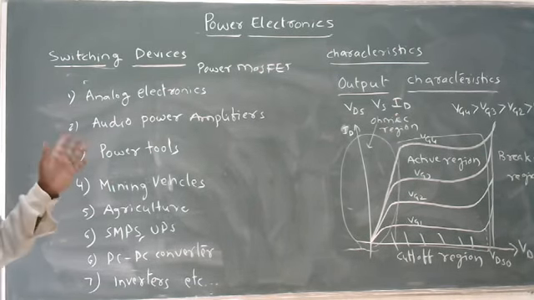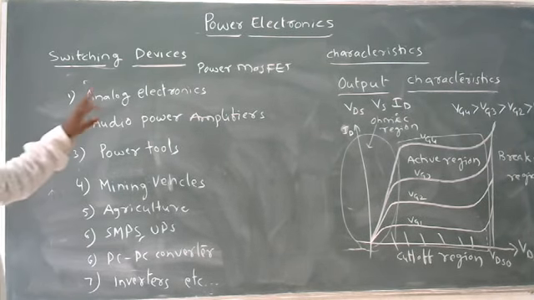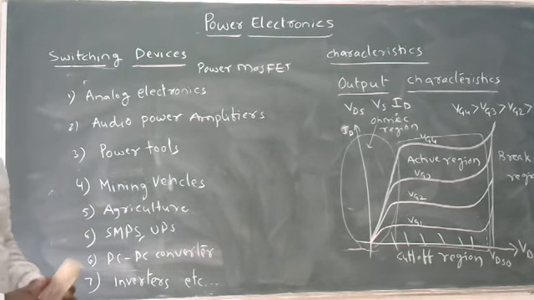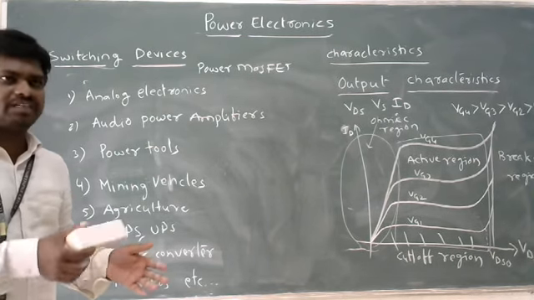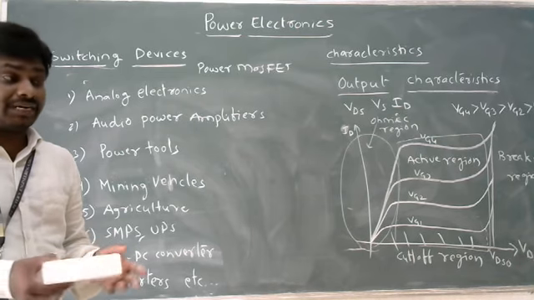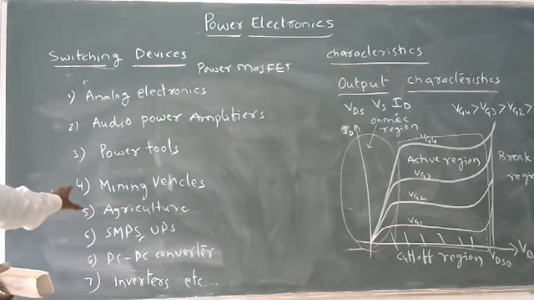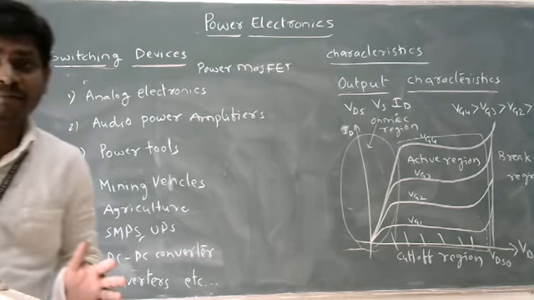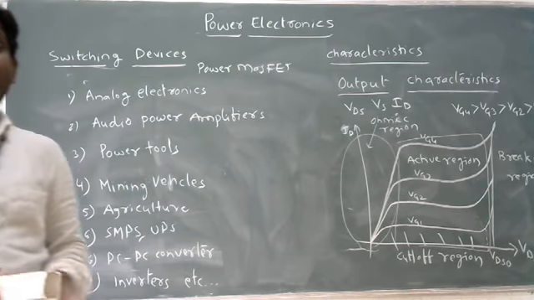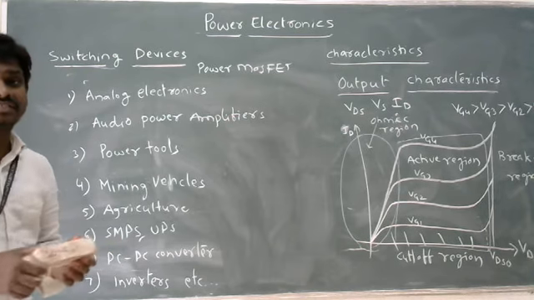Okay, so in this video we discussed the basics of power MOSFET, the symbol, and the structure of power MOSFET. Then its different types, which I also explained. Thereafter we discussed the structure and got some idea about the difference between the normal MOSFET structure and the power MOSFET structure, and we saw the different characteristics of power MOSFET.